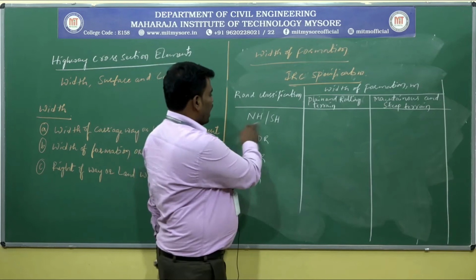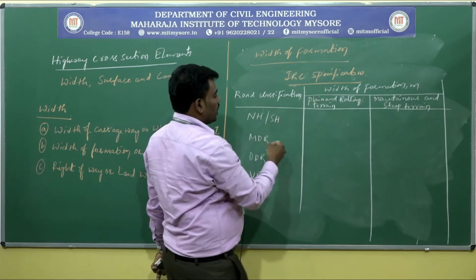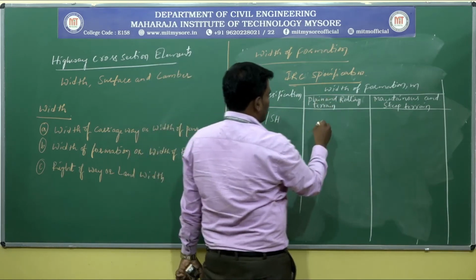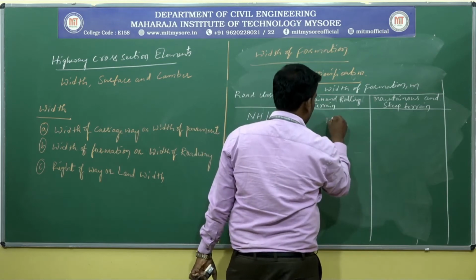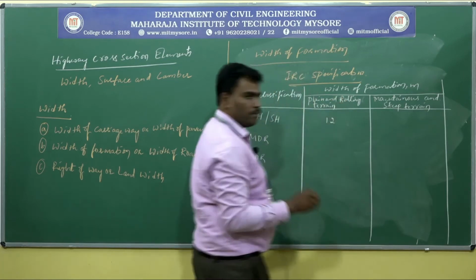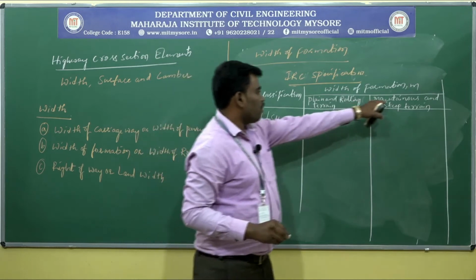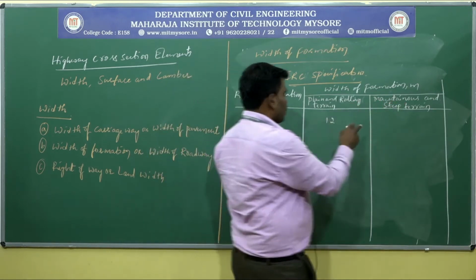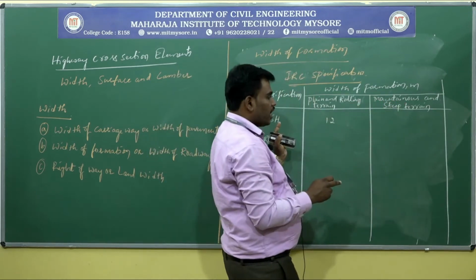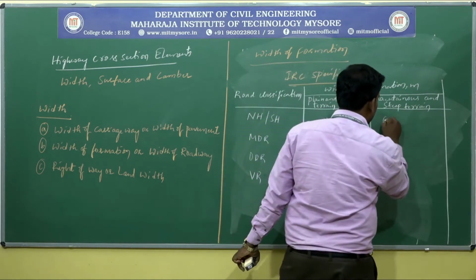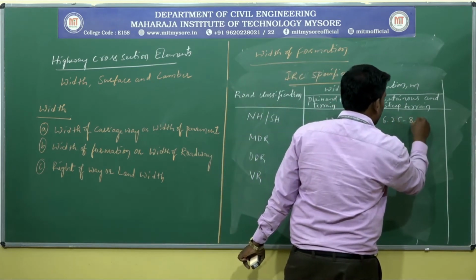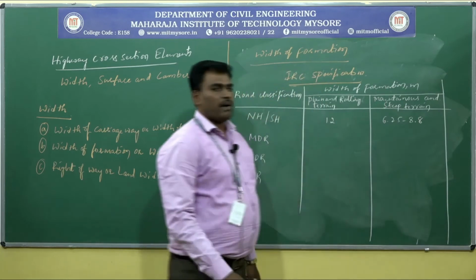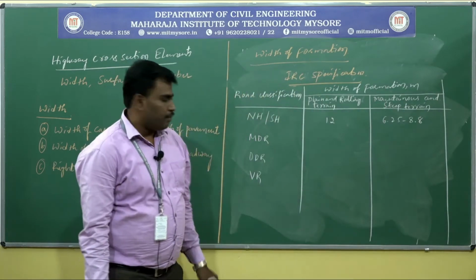Then for NH and SH, in plain and rolling terrain, the width of formation is about 12 meter. And in mountainous and steep terrain, the width of formation for national highway and state highway will be 6.25 to 8.8 meter.